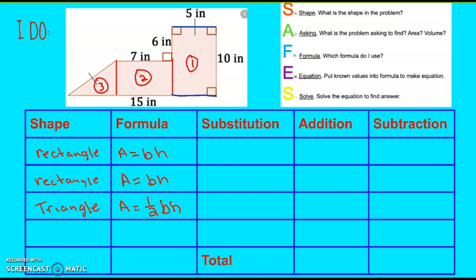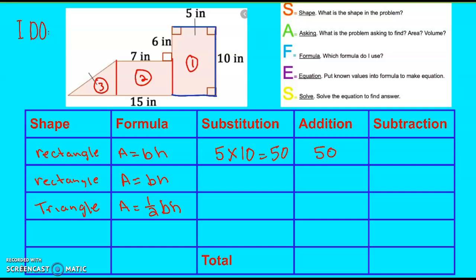Let me go back to red. Okay, 5, and then the height will be this part right here, which is 10, and 5 times 10 will give me 50. And since I'm looking for the entire area, it's going to be addition. I'm going to put addition, 50.